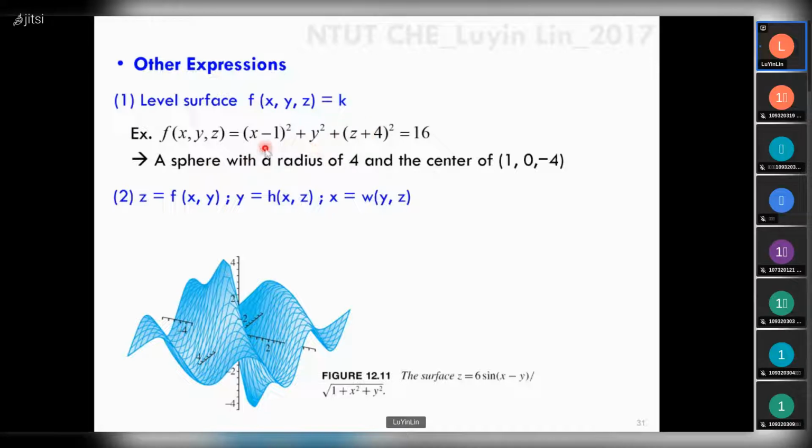Just check here: (1, 0, -4) is the center of the sphere. And what is the radius? You take the square root of 16, so the radius is 4. An expression like this is called a level surface. The sphere is a surface in three-dimensional space.